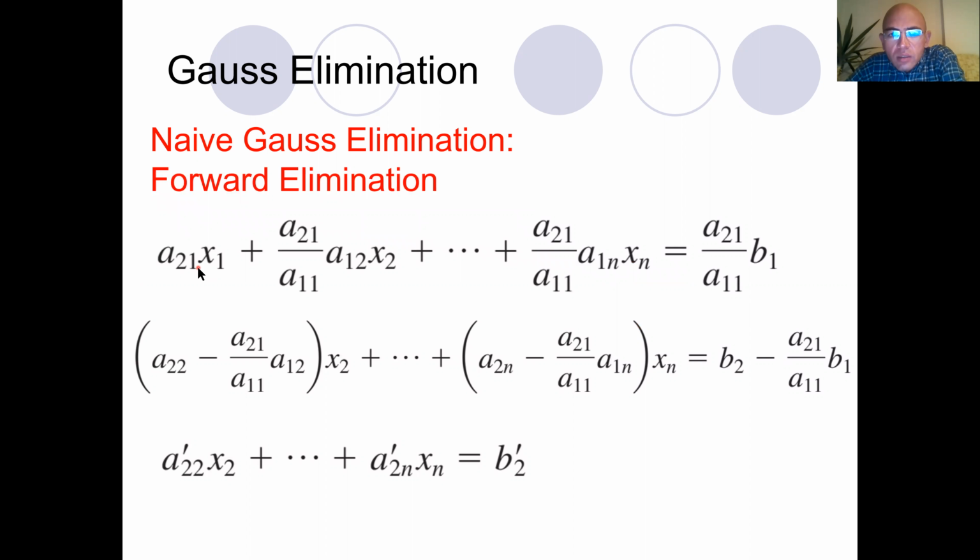So it is like this. Now this is the modified form of our first equation. We first divide the whole equation by a11. As a result, the coefficient of the first variable, x1, becomes 1. Then we multiply it by a21, the second equation.